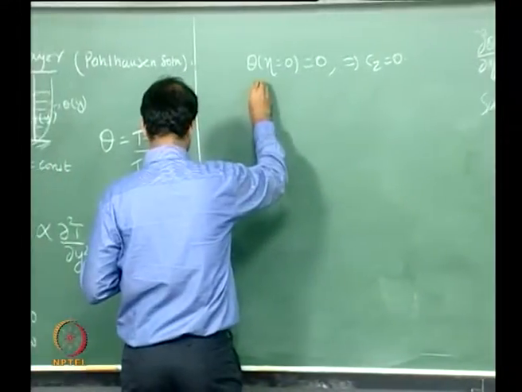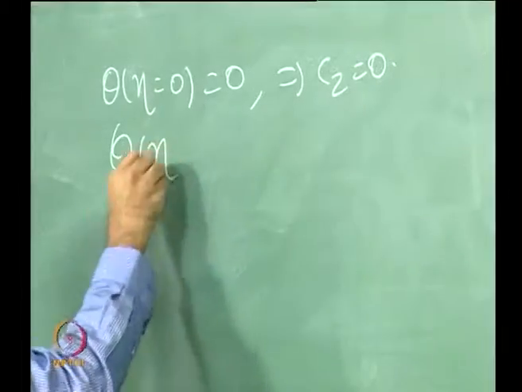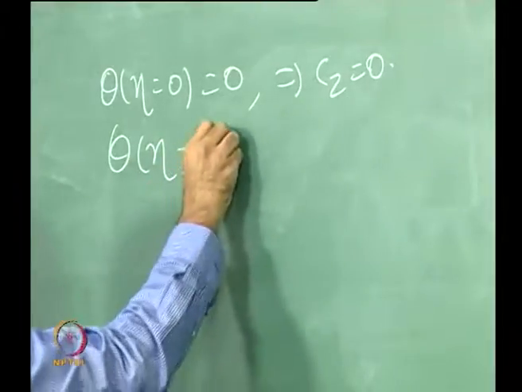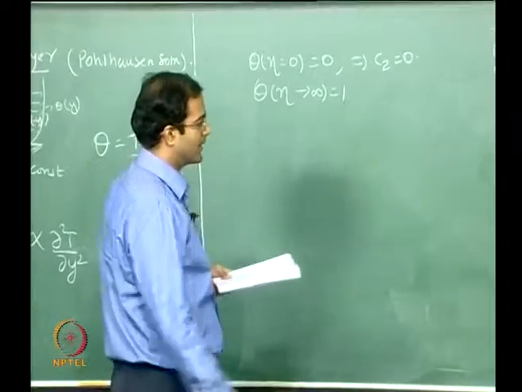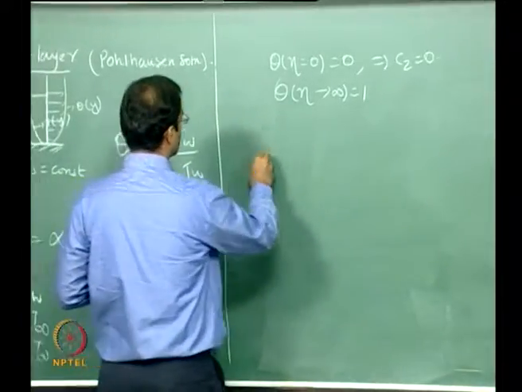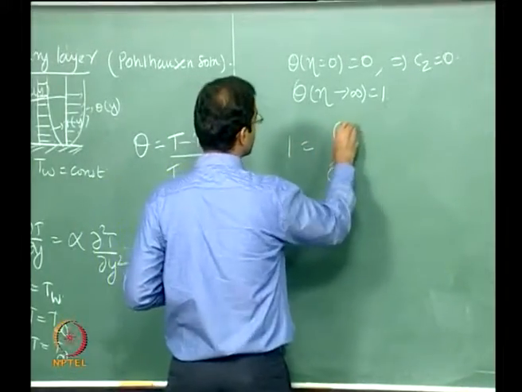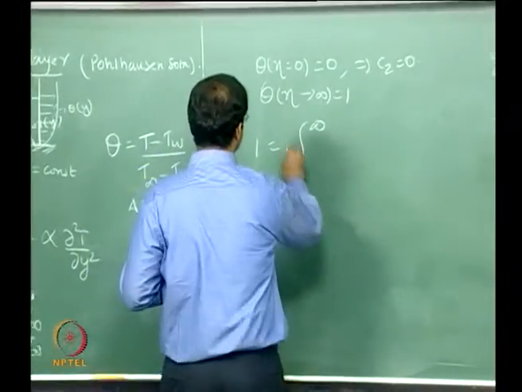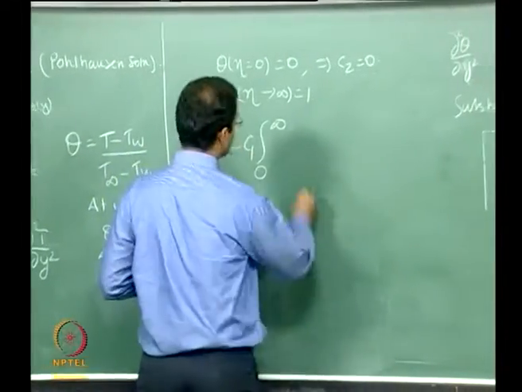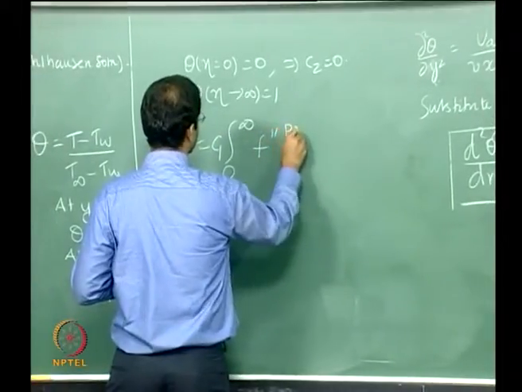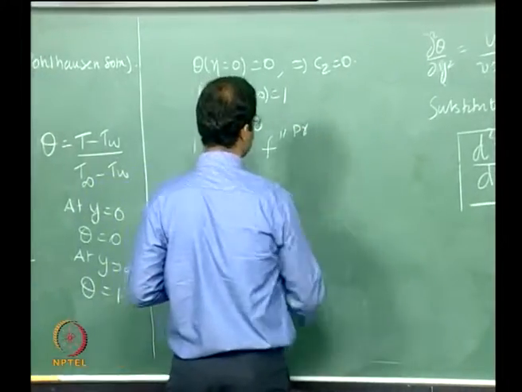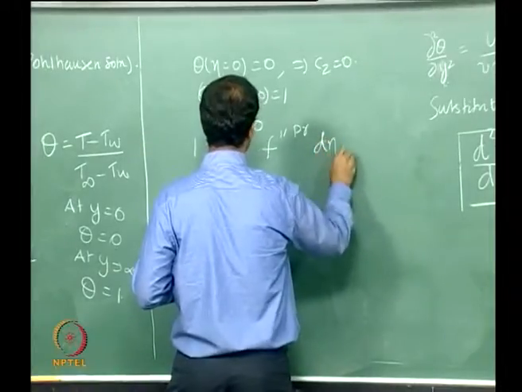And the other boundary condition, eta going to infinity, theta should be equal to 1. So with eta going to infinity, 1 equals c1 times the integral from 0 to infinity. I take c1, which is a constant, outside, this is f double prime power Pr d eta.